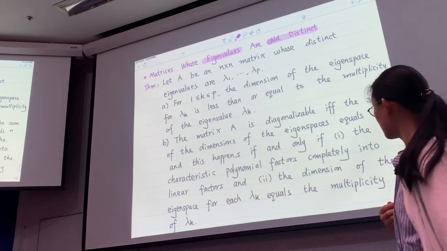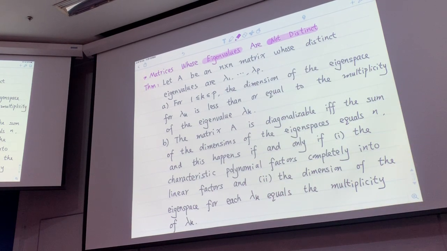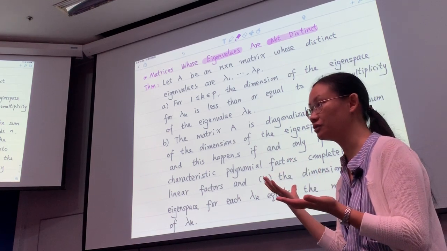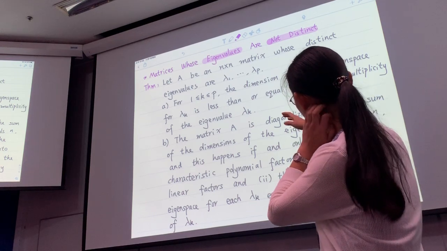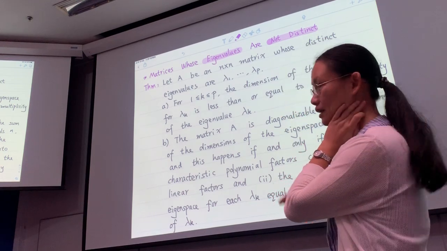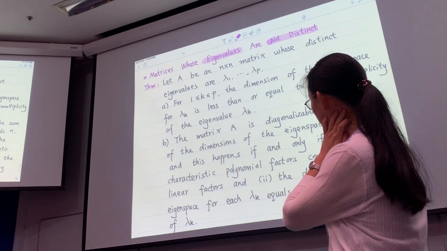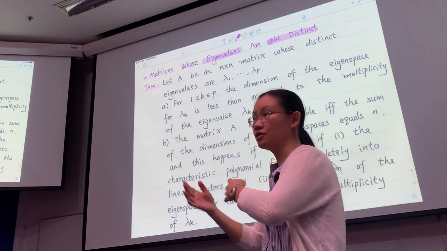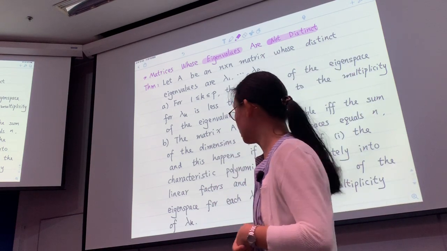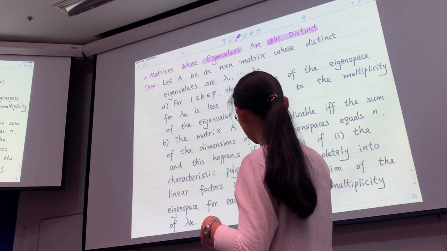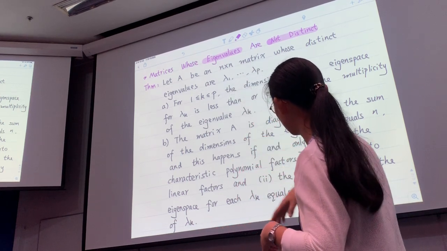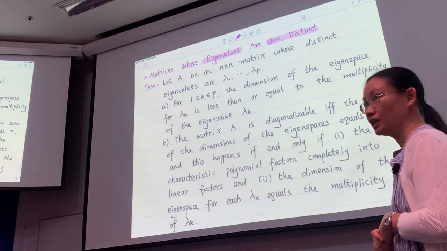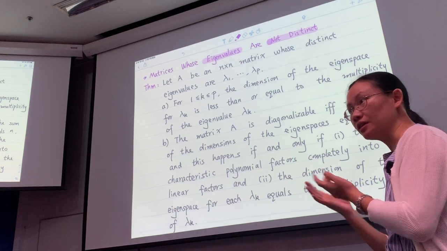And the matrix A is diagonalizable if and only if we have n linearly independent eigenvectors. So if the multiplicity of each eigenvalue equals the dimension of its eigenspace, then we still get n linearly independent eigenvectors. It tells us that the sum of the dimensions of the eigenspaces equals n altogether, which means we have n linearly independent eigenvectors.